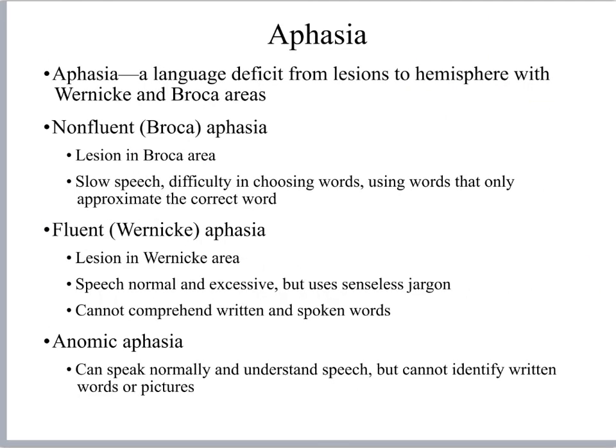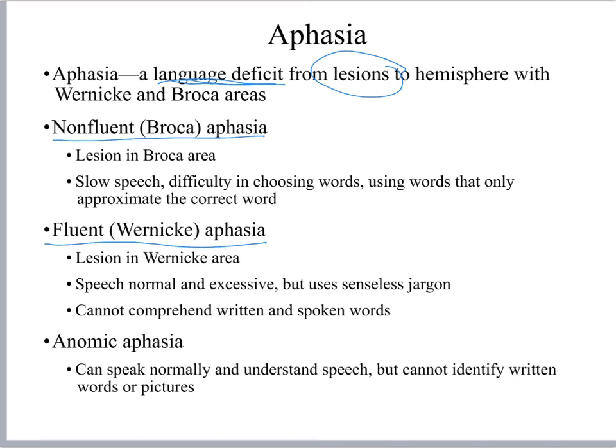Another area where you can look at language and try to understand how the brain works is the disability of aphasia. This is where there's a language deficit, usually due to some kind of lesion in Wernicke's or Broca's area. We can break it up into non-fluent aphasia versus fluent aphasia.